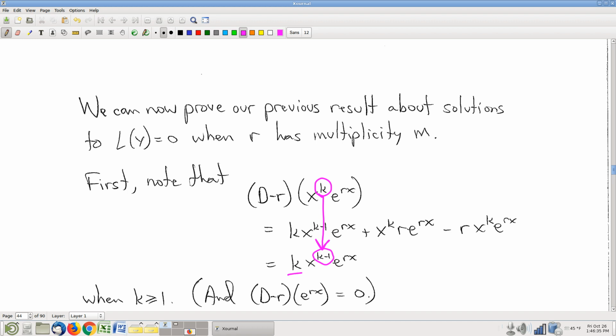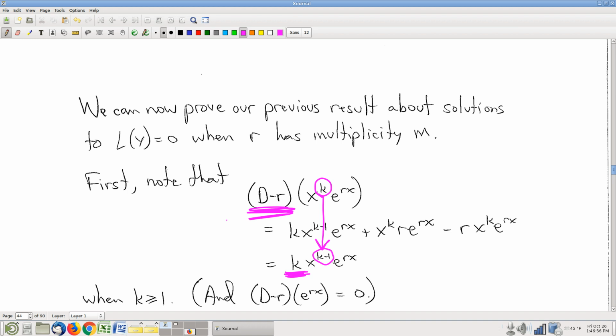And then I get a constant factor out front of k. So, neat fact, the d minus r operates on these kind of candidate functions that we're interested in the following way. The exponent reduces by 1 and extra factor of k in front.